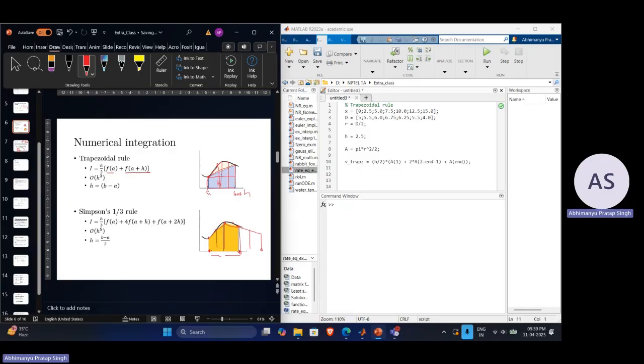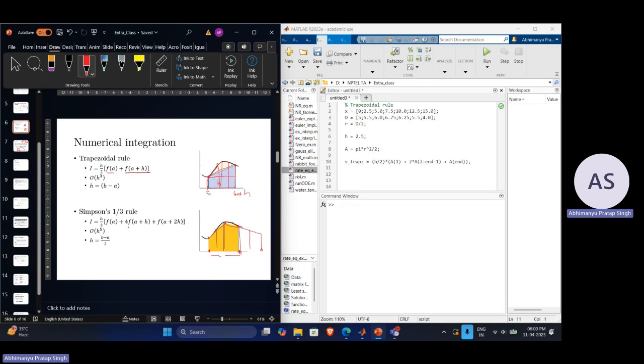So this is a plus h, a plus 2h. Then this would be a plus 3h. So this will again add up 4 times. And this is a plus 4h, right? So that will again add up over here, right?